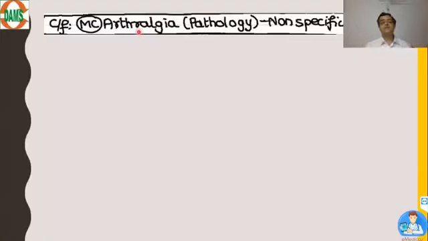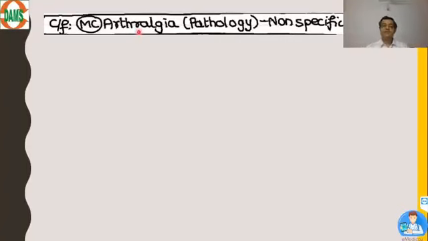Arthralgia is the most common symptom, but unfortunately non-specific. If we get a patient with joint pain, we cannot directly think of PAN. As I told you with GCA, the common manifestation may be due to the pathology, but it is not helping in the diagnosis.